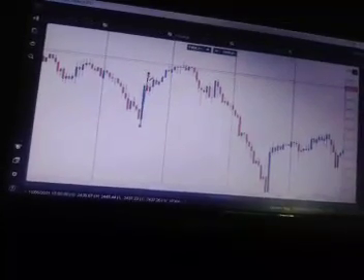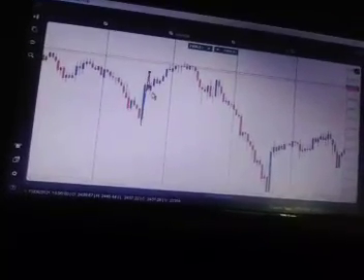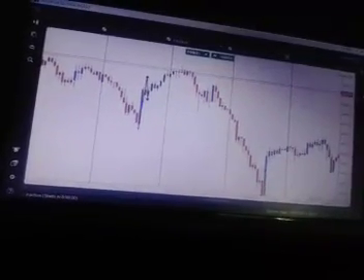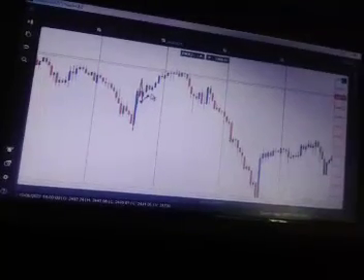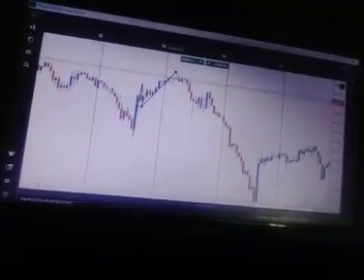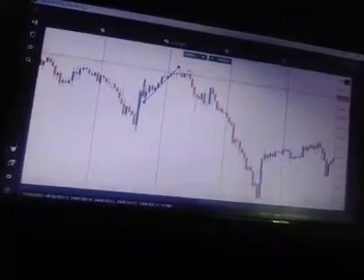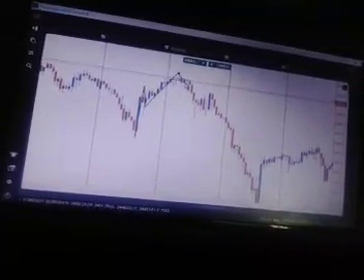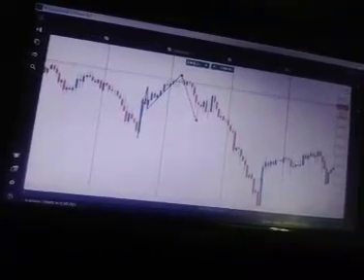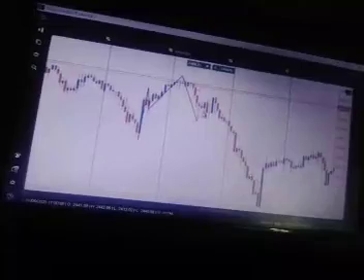So with practice and also with time, you're going to be able to recognize these patterns. But this is how the head and shoulders patterns are going to look like. Others will look better than this, and others will look worse than this, but you just need to know the concept of how they are formed and how to identify them.